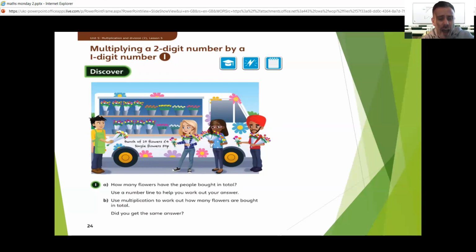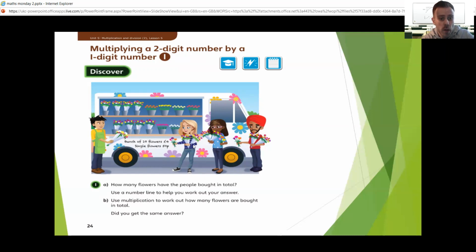So you need to think, how many has each person got? I'm going to help you out a little bit because this is a bit confusing. It looks like she's got 2 bunches and 3 extras. They've all got 2 bunches and 3 extras. So each person has got 23 flowers.